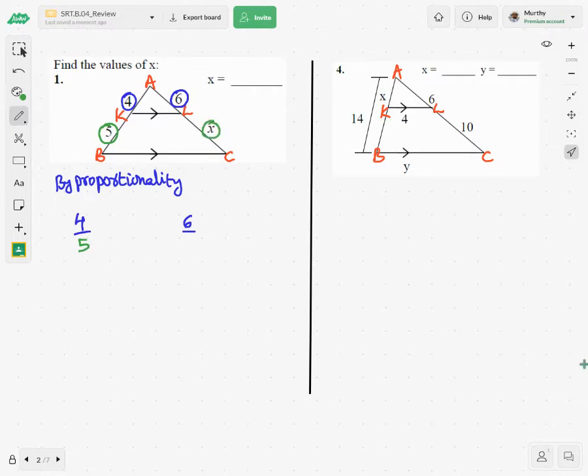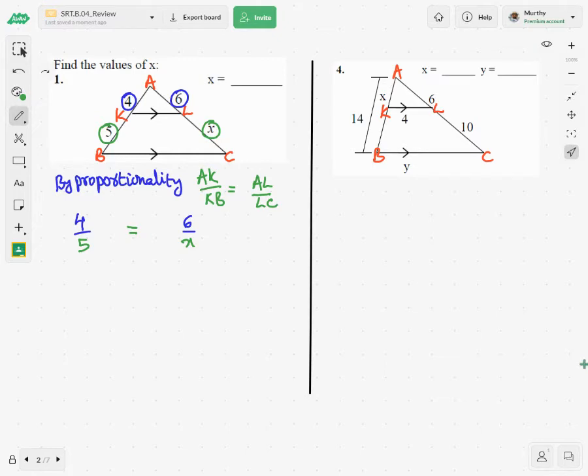The lower part is x here. There you go. So by proportionality, here it is AK over KB equals AL over LC. I repeat, AK over KB equals AL over LC.